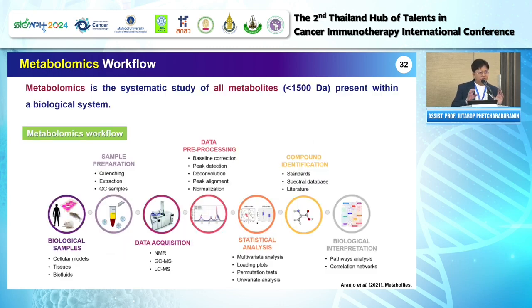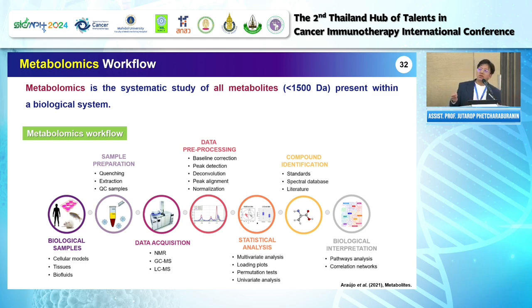In order to construct a metabolomic study, as I mentioned, metabolomics is a systematic study of all metabolites, quantitatively and qualitatively, present in a biological system. The very first step is actually not listed on the pipeline here on the screen. It is the study design. This is the most critical step in metabolomics, and not only in metabolomics but also in other omics studies like genomics, transcriptomics, and proteomics.